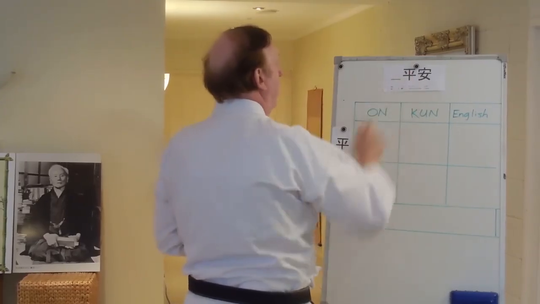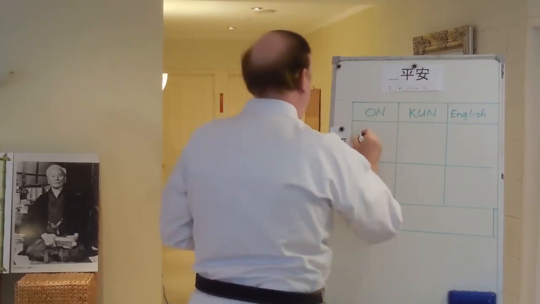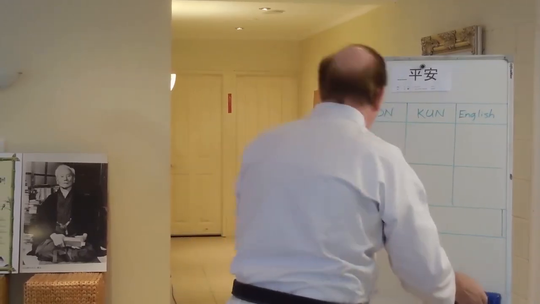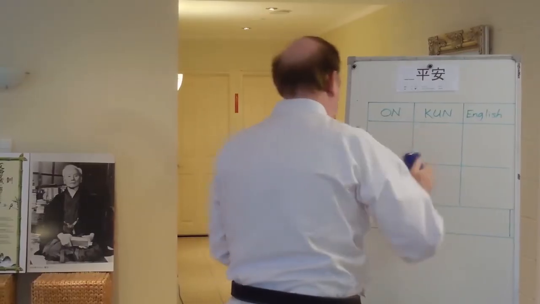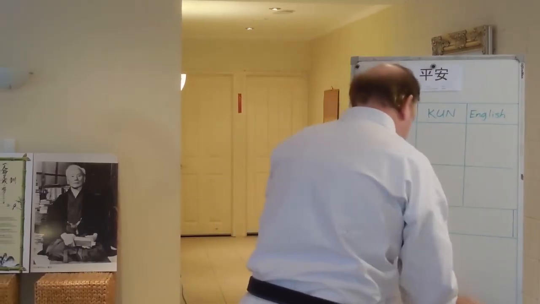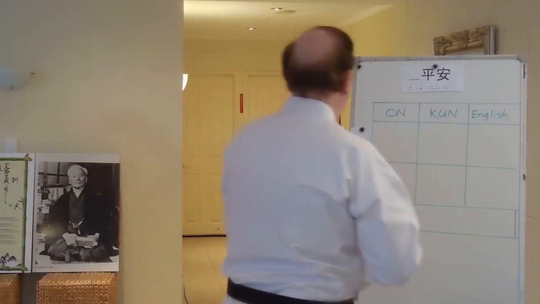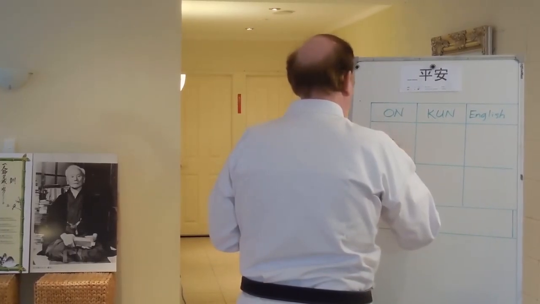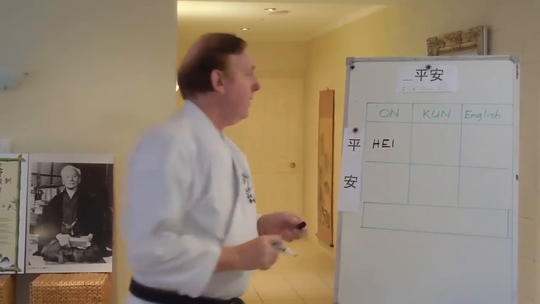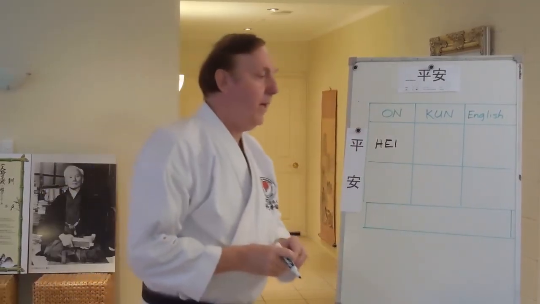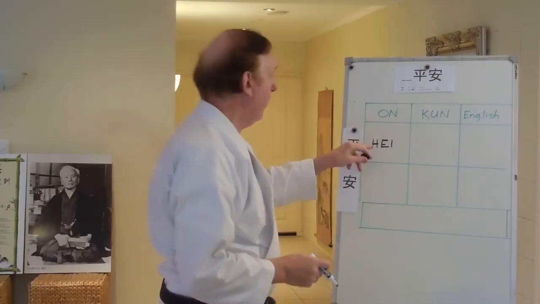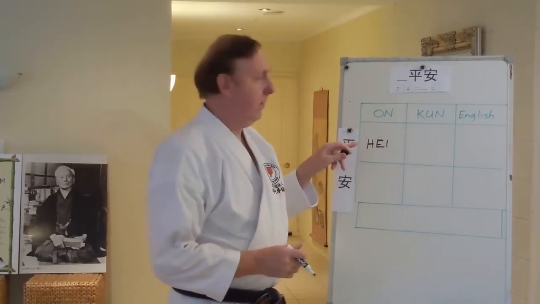and this is the on reading, and the on reading for that is he. Oops, wrong pen, sorry. Just put that in black so you can see it clearly. So this is he. This is how it would appear in the book. So usually the first on reading is in capital letters like this.